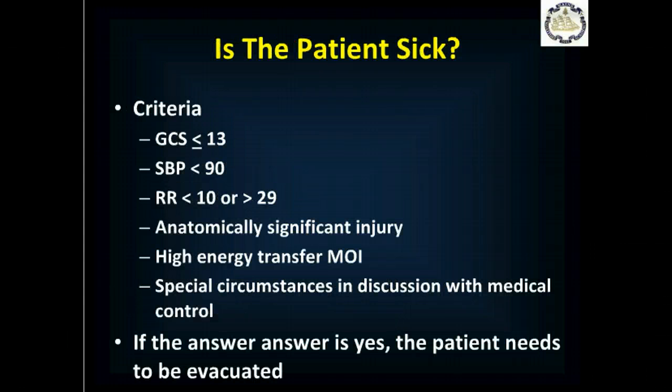So in short, you have a trauma patient, you need to figure out, are they sick or not? And by sick, we mean they could die on you pretty easily, and you need to get them out, get them to shore, get them evacuated.